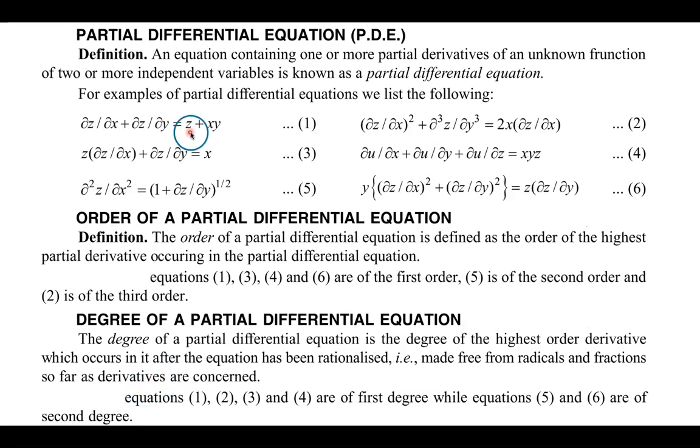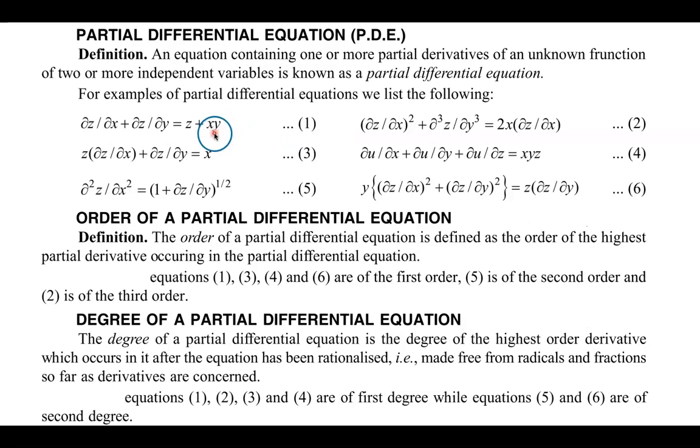So, in examples 1, 2, 3 and 4, the degree of these differential equations is 1, since it is easy to see that in examples from 1 through 4, all these differential equations are already free from radicals and fractions.